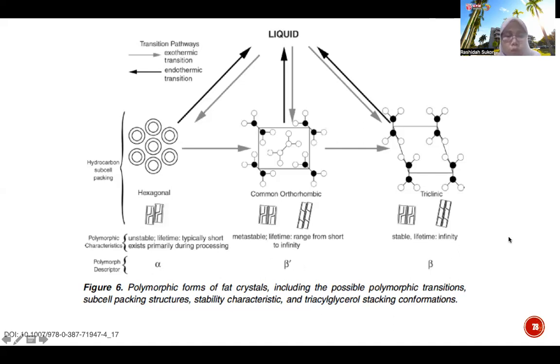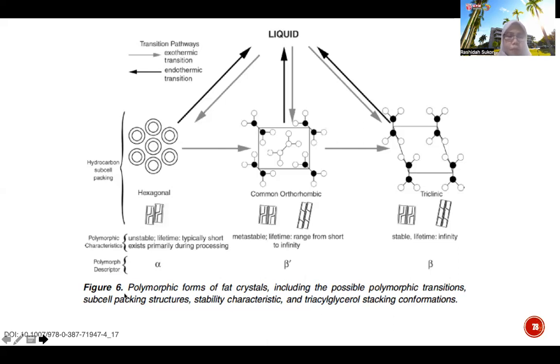So this is the polymorph forms of fat crystals, including the possible polymorph transitions. They can actually change, from alpha to beta prime to beta, or beta prime to alpha. These include the possible polymorph transitions, subcell packing structure, stability characteristics, and stacking conformation. How the molecules stack in the fat crystals will confer what type of crystals you will have.